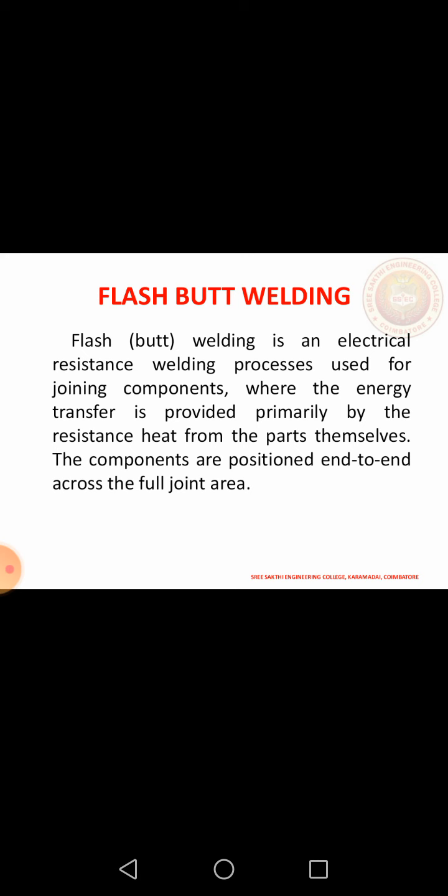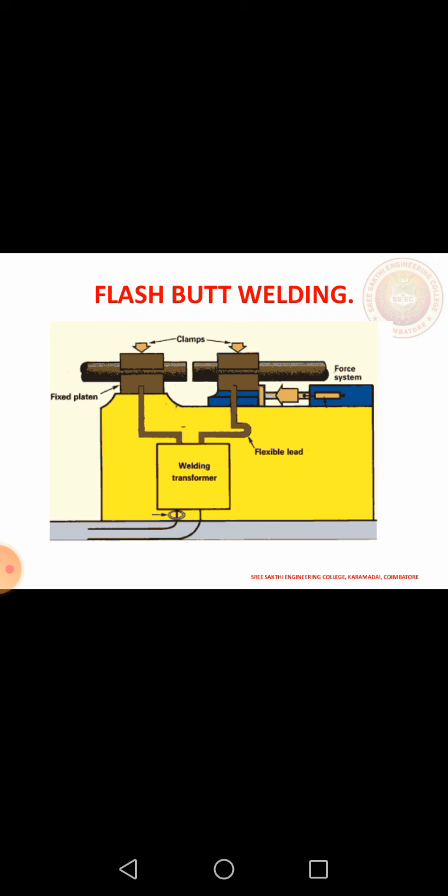Flash welding and butt welding are resistance welding processes in which heat is produced simultaneously over the entire area of the two surfaces. In both processes, heat for welding is obtained by the resistance to electric current between the two facing surfaces.